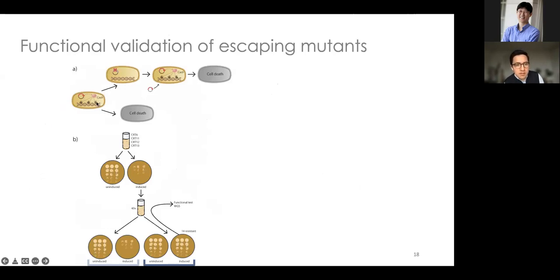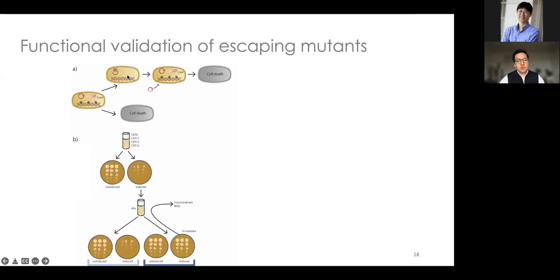So as I show in this diagram, first we had our Cas9 being expressed and cutting in multiple sites. And from this, we would have 2 outcomes. In one outcome, the cell would die, and in the other outcome, it would escape. And all of a sudden, the CRISPR-Cas antimicrobial would not work anymore.